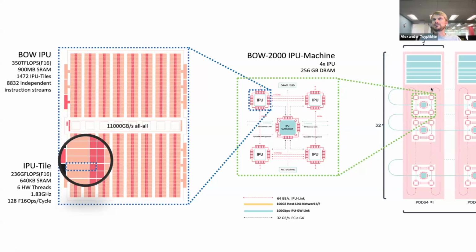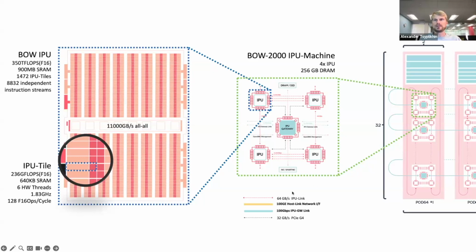So the links would wrap around the rack, closing the torus in a pod 64. And for larger models, larger deployments, we can go up to pod 128 or 256, which would be, for example, 4 racks with 64 IPUs each. So this topology will be important for the LLM explanation.